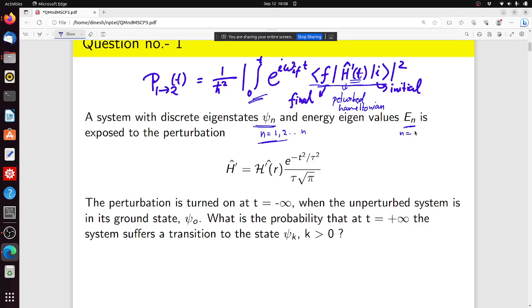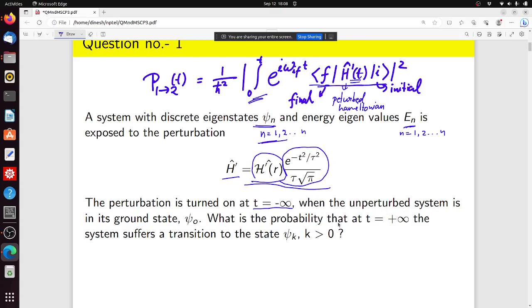The perturbation Hamiltonian is expressed as this, where this part depends only on space and this part depends on time. The perturbation is turned on at t equal to minus infinity, when the unperturbed system is in ground state psi 0.